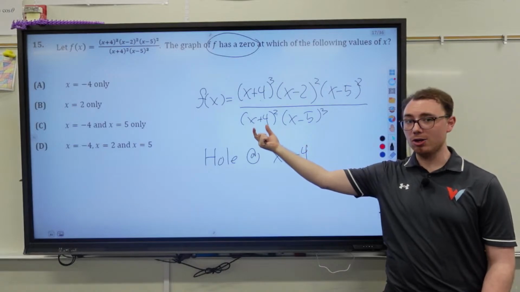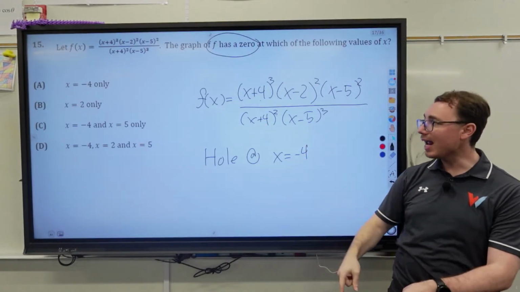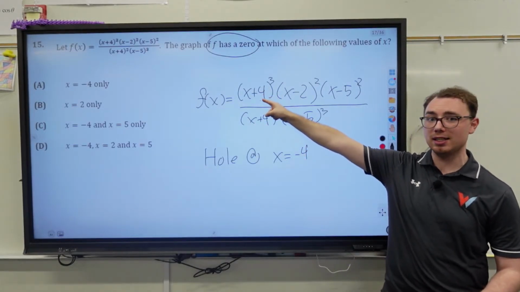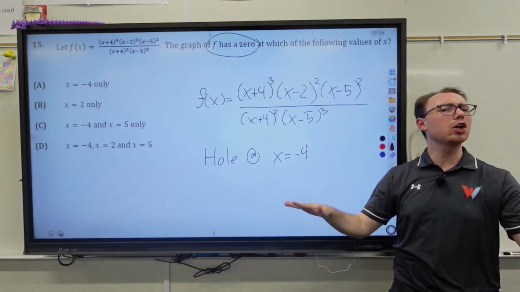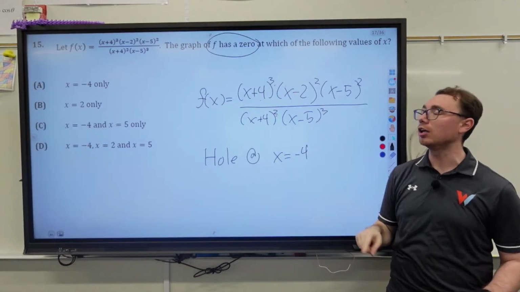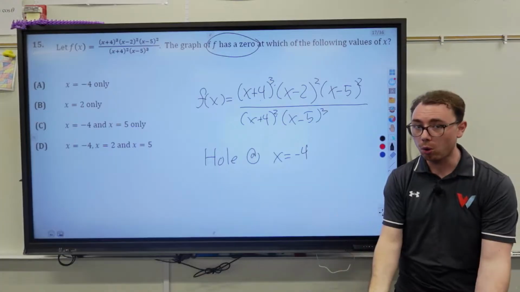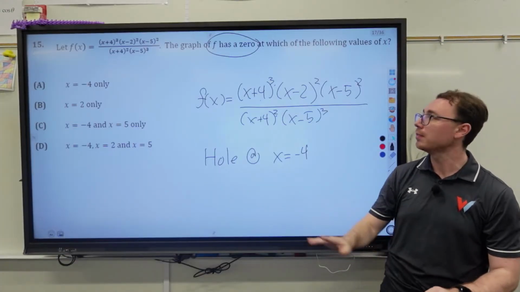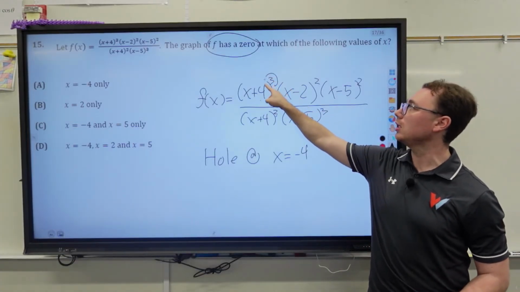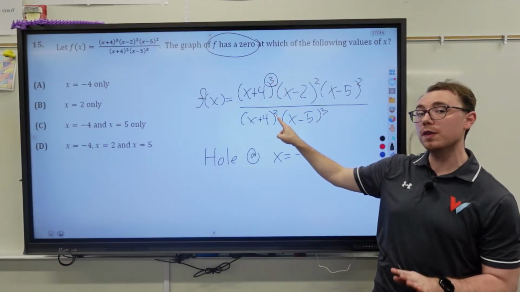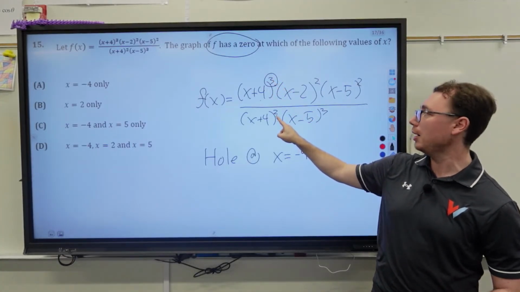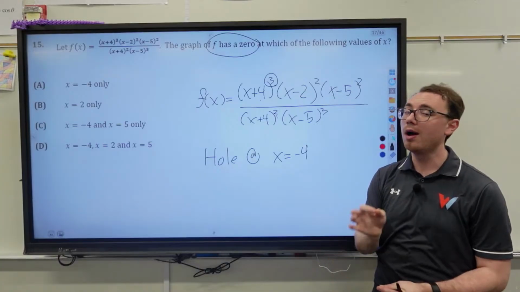Because there's that binomial in the denominator and the binomial repeats in the numerator, regardless of this exponent here, it creates a hole at that location. If the n value here is larger or the same as this denominator, it creates that hole.